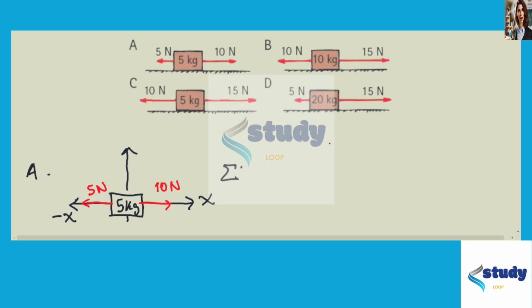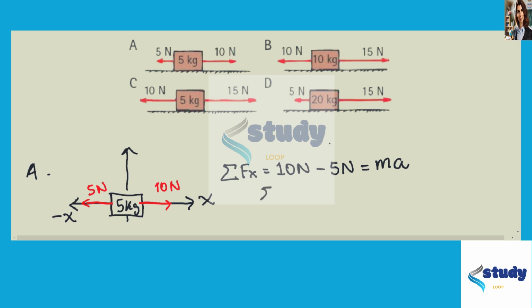Applying Newton's second law, we know that the sum of the forces is 10 newtons, which is positive because we set it like that, and minus 5 newtons. And this must be equal to the mass times the acceleration.